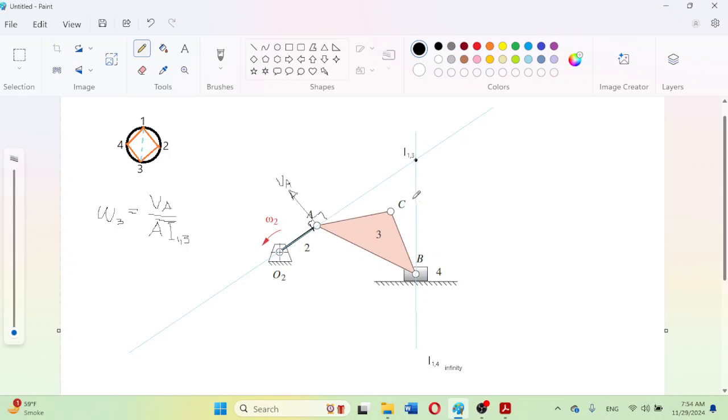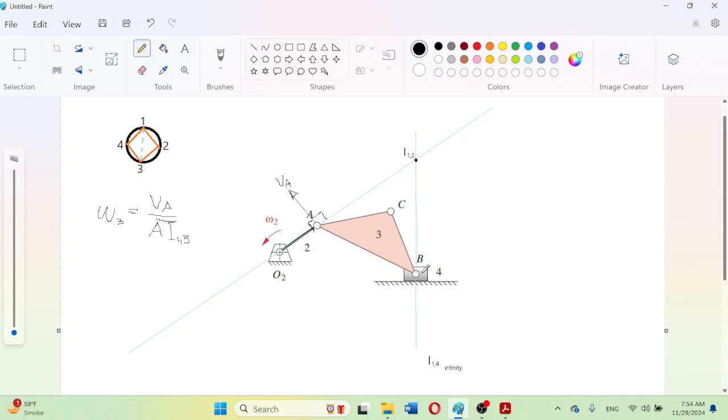Once omega 3 has been found out, we will be determining the velocity of this pin joint at B, because pin B is common with this slider, which translates on this horizontal surface, and with this link in complex motion.